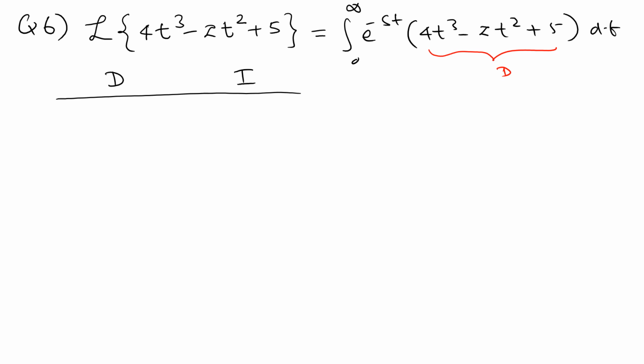So we have 4t cubed minus 2t squared plus 5. That's the first term.